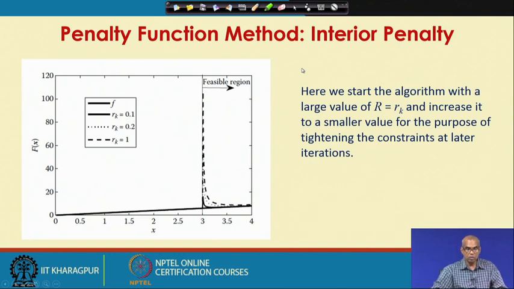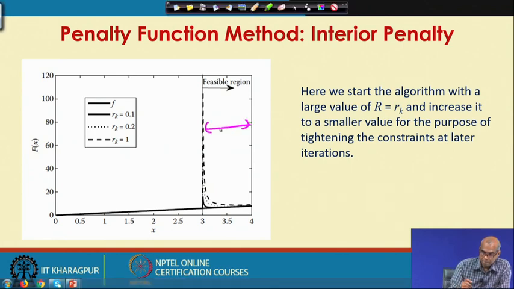So, if you pictorially present, this is the feasible region. We start with a higher value of the penalty term r and then go on decreasing the value with later iterations. So, you see we always remain within the feasible region.